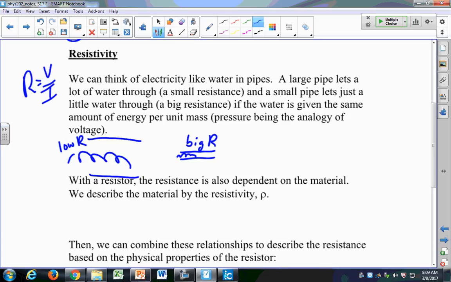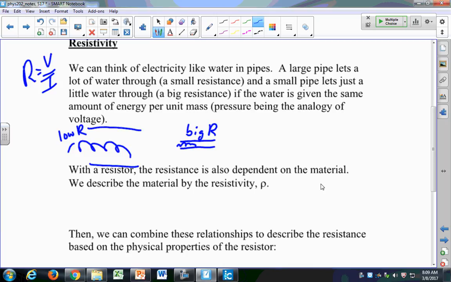And so with that idea, we can think about that if I have a pipe, how does it affect the resistance? So let's say that we have two quantities that affect the resistance. We have the area of the pipe, the cross-sectional area. And then we also have the length of the pipe. So let me ask you a question.